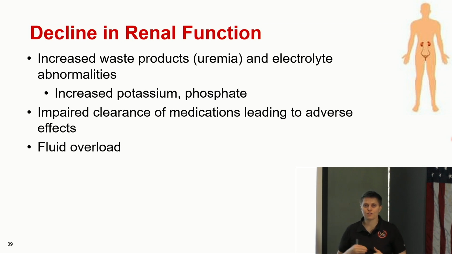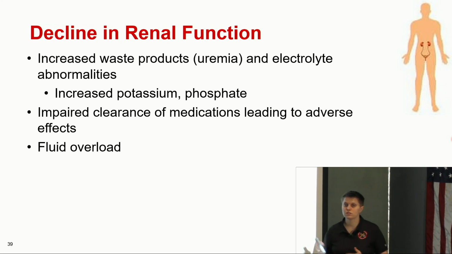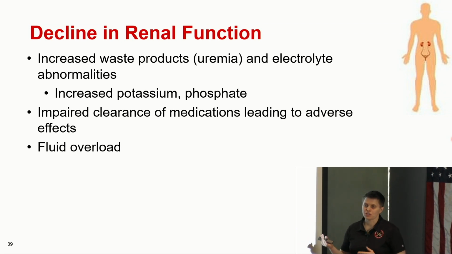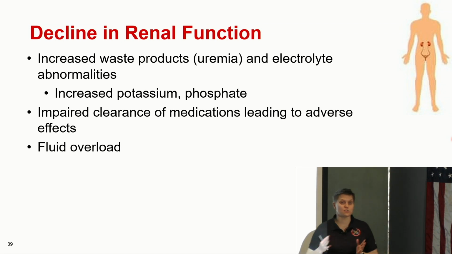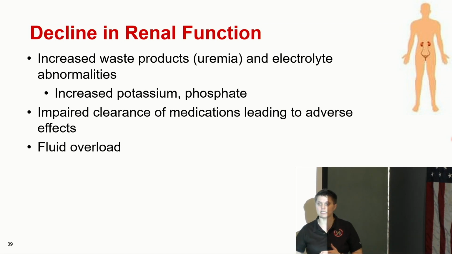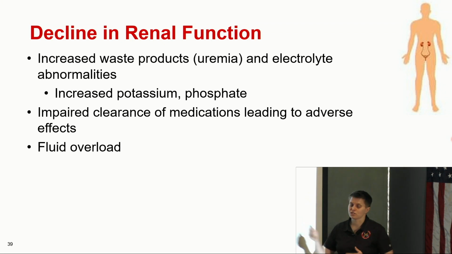So there's multiple different things that may result from even just the normal process of aging and the changes that happen in the kidney. Obviously, for patients who have more progressive kidney disease or an underlying medical problem like diabetes that's exacerbating this, they're going to be at risk for all of these issues even more.